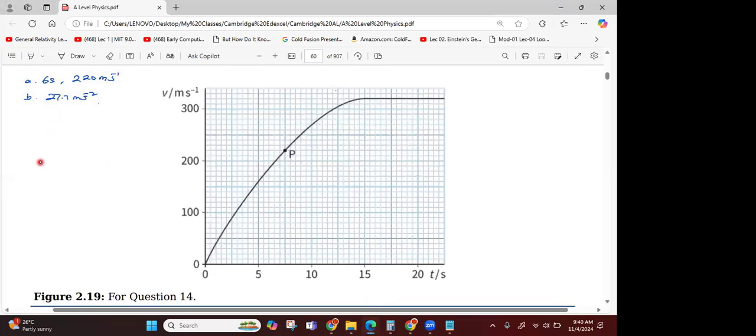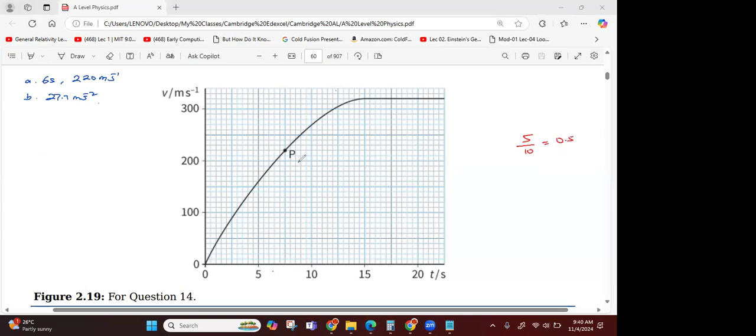Now the time and the velocity. If you check the time axis, 10 squares gives 5, so 1 square corresponds to 0.5.